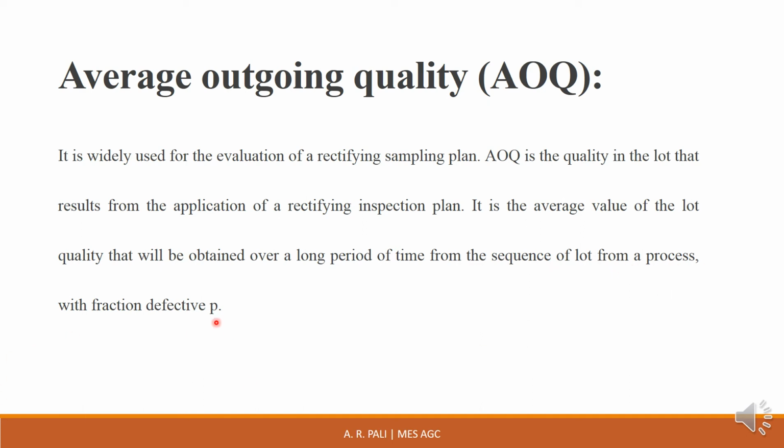So suppose we are having a lot of fraction defective P. Now this lot, and we'll be having many such lots of this fraction defective, right? And over a period of time, we'll be inspecting these lots.